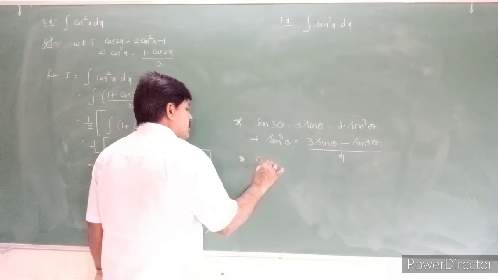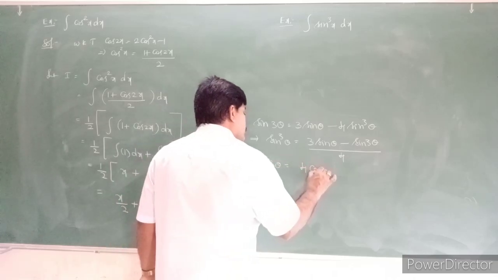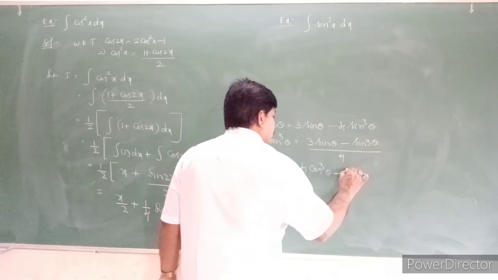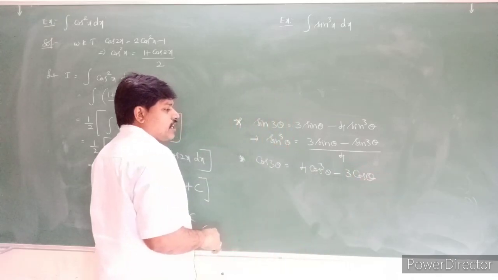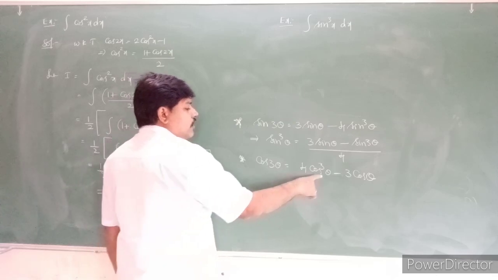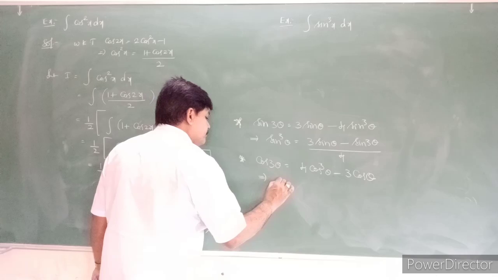What is the cos 3 theta formula? Cos 3 theta is equal to 4 cos cube theta minus 3 cos theta. If you want to calculate this cos cube theta, just take this term to this side. So what happens?